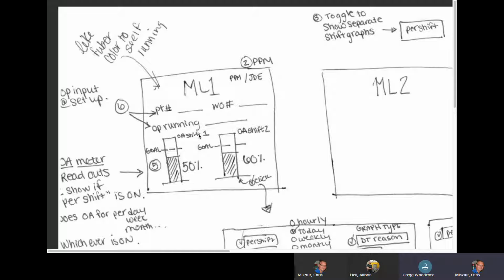And kind of like the goal on the bar charts there, that's going to have to come from a lookup. I don't know where that stuff would be stored. Yeah, it probably would be either by manager or part number type, right? Like certain managers say, I want all of my production runs to be at this efficiency.